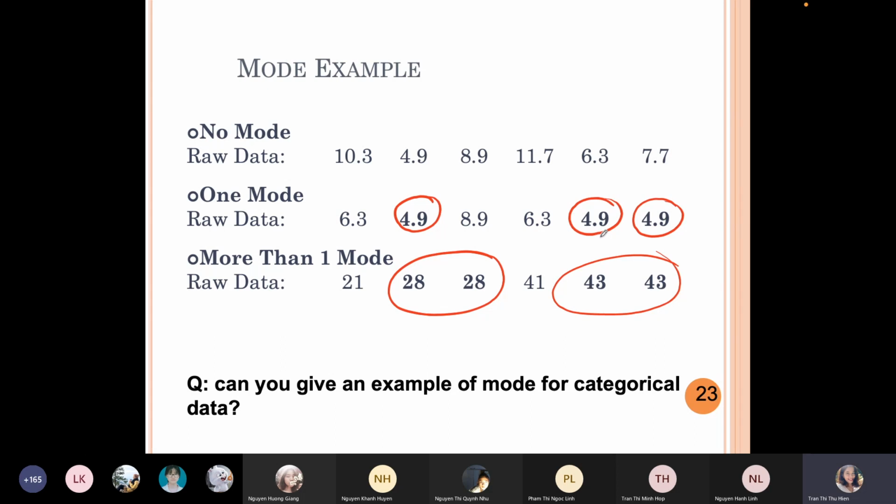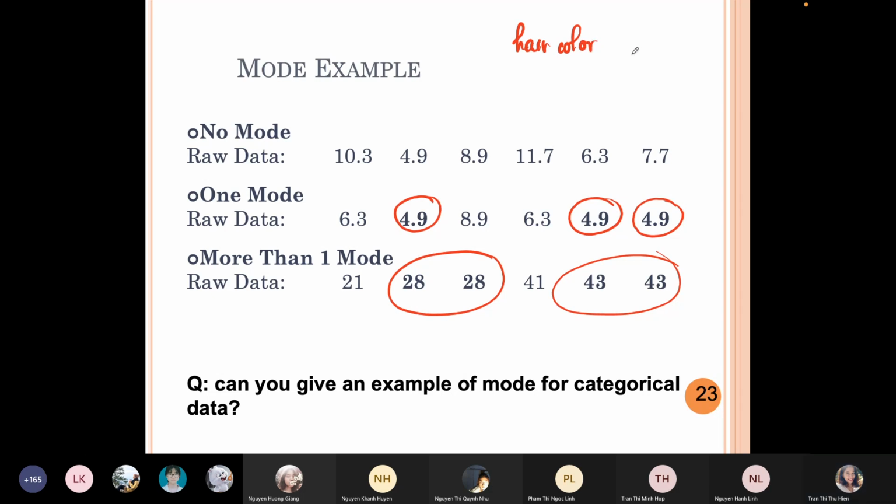Okay, so the question here: can you give an example of the mode for categorical data? Maybe in my class, we can ask for the hair color, right?